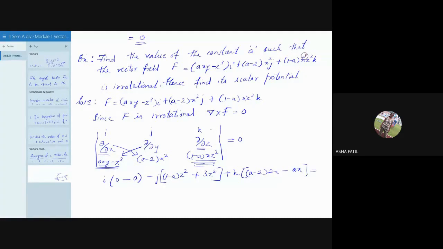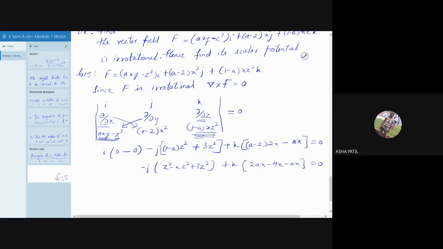So this is equal to 0. The first term is 0 already. Simplify the second one: minus j, z square minus az square plus 3z square, plus k, 2ax minus 4x minus ax equal to 0.